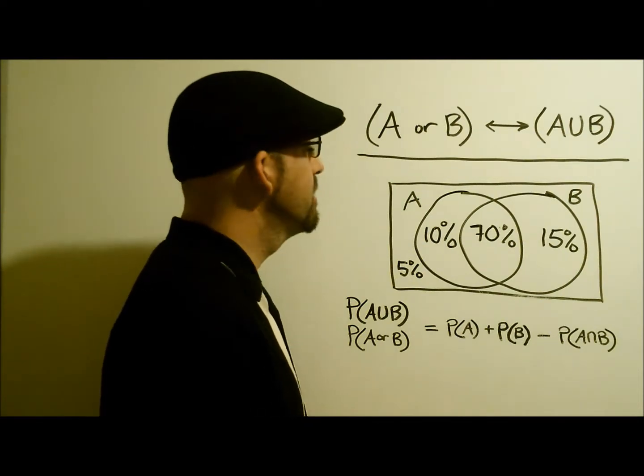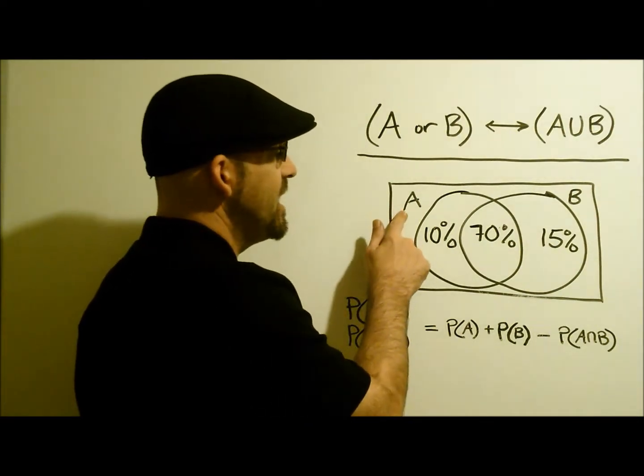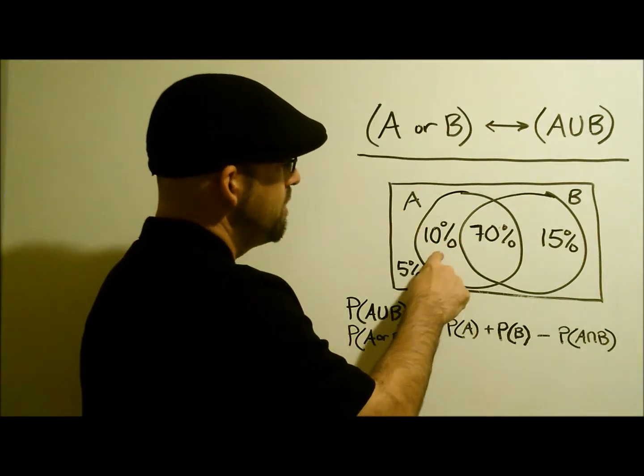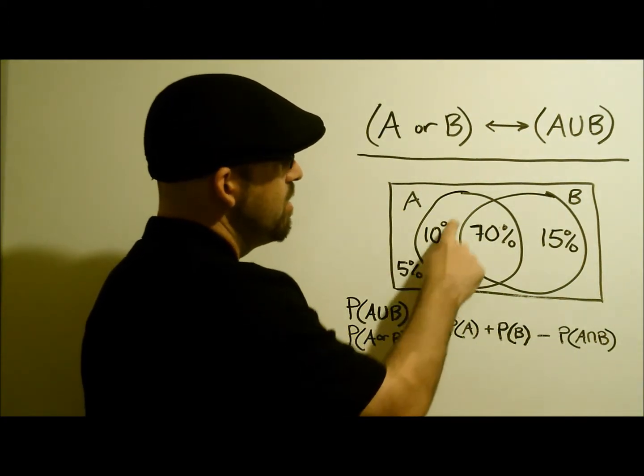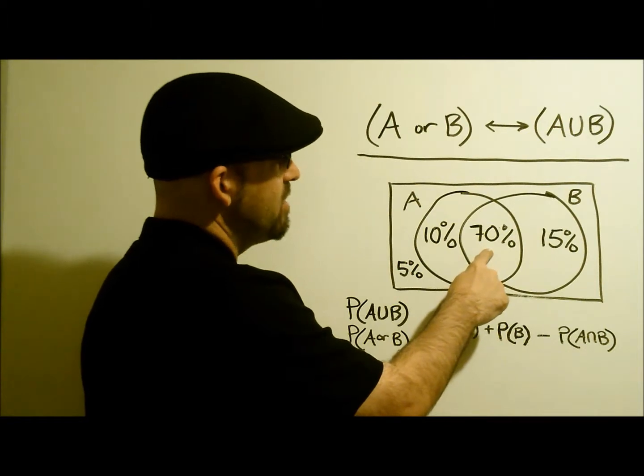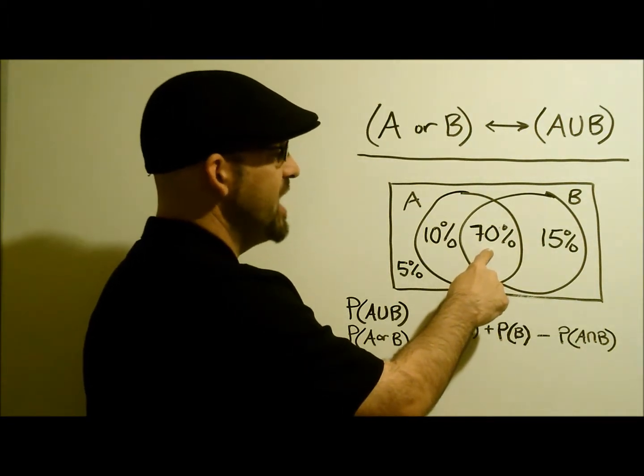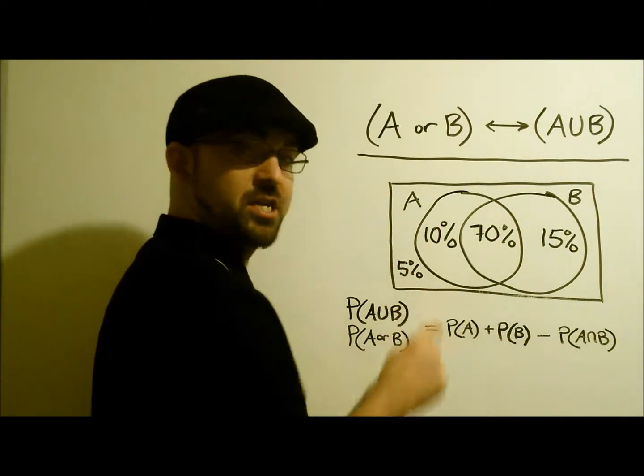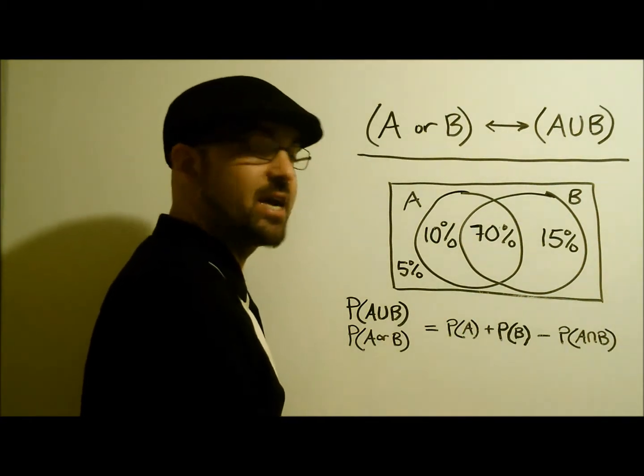I'll show you what I mean. The probability of A, well, is 10%, but another 70% right here. So the probability of choosing A would be 80% altogether. Let's write that down.